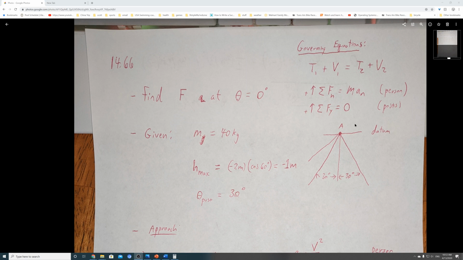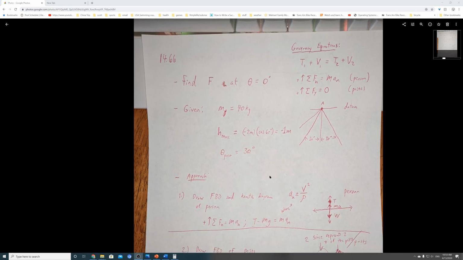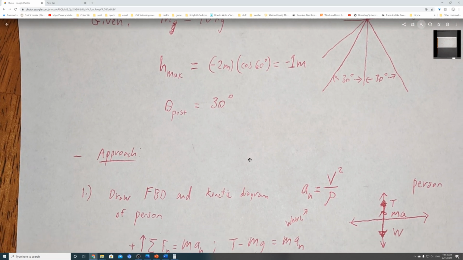Then we'll have some forces acting up on the post, and a tension pulling down. So we need the equilibrium equation for the post to determine that. So there's essentially three parts and three equations. But let's go draw it out. Let me go back.